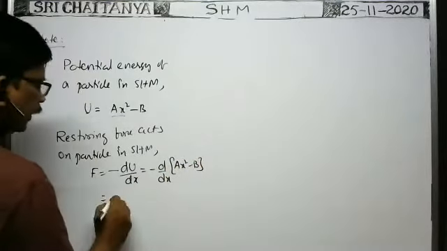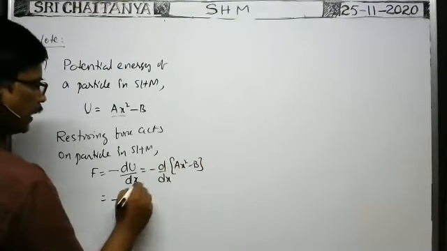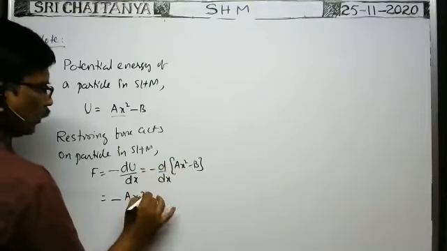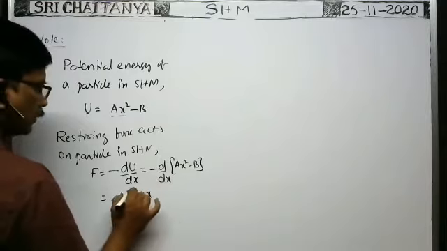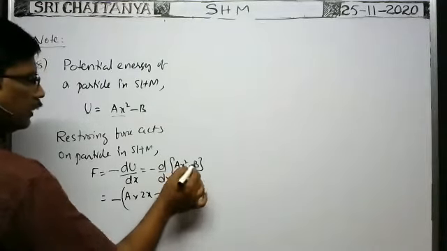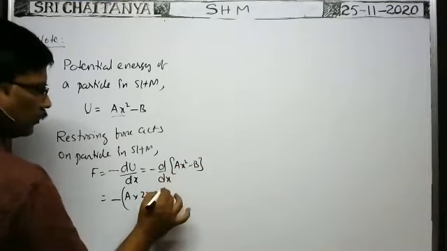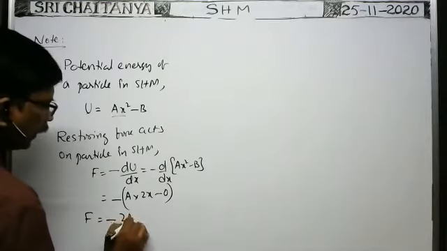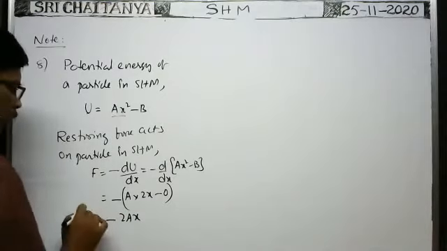So you differentiate: minus d by dx of a x square, where a is constant, you keep aside; d by dx of x square means 2 into x; minus d by dx of b, b is a constant, so d by dx of b is 0. Therefore, the restoring force acting on the particle is minus 2a into x.